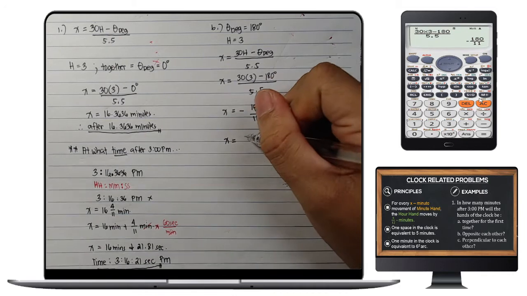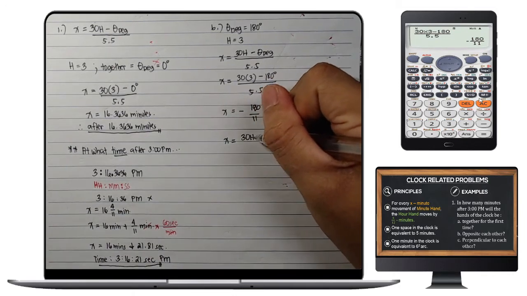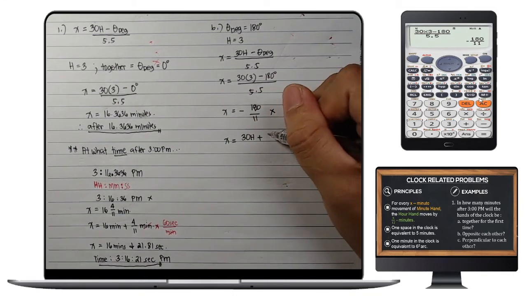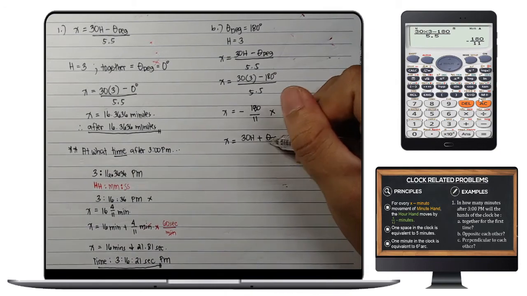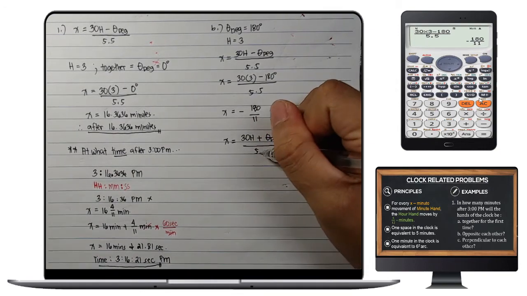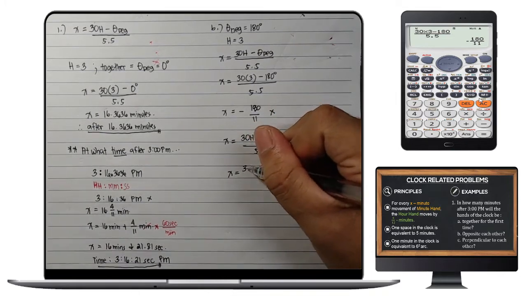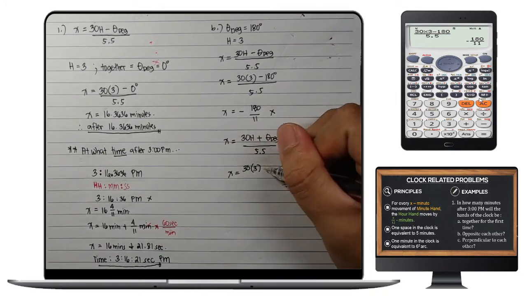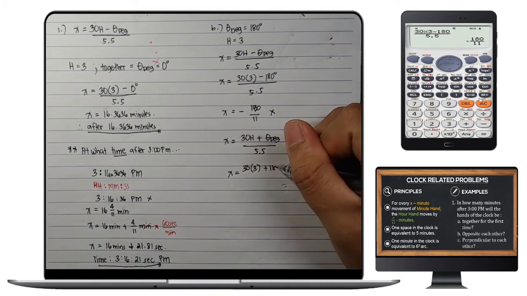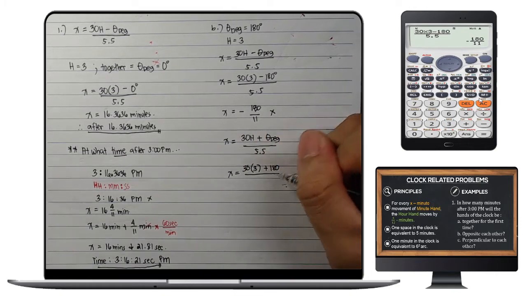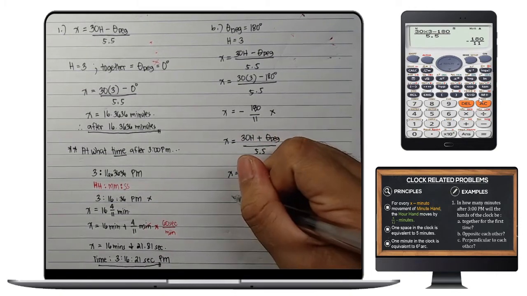Instead, use the formula x is equal to 30h plus theta in degrees all over 5.5. So, use the plus. So, x natin is equal to 30 times h, which is 3, plus theta in degrees, which is 180, divided by 5.5.